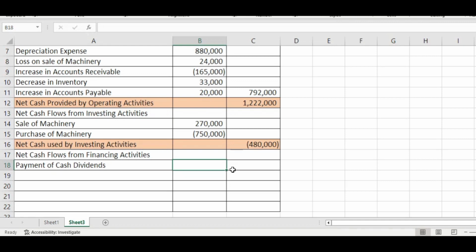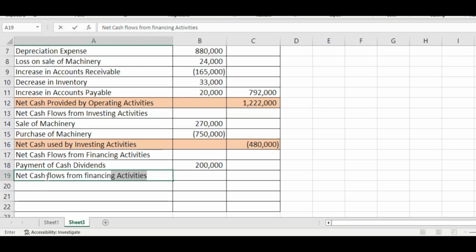It is the only item of this company, so the same figure will be carried to the next column as net cash flows from financing activities.